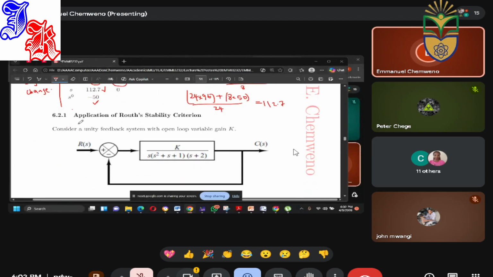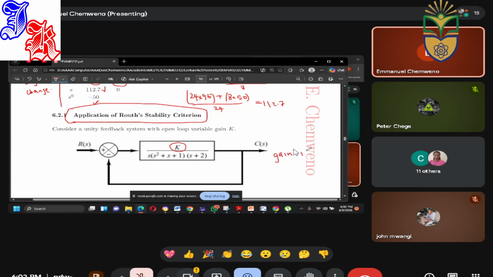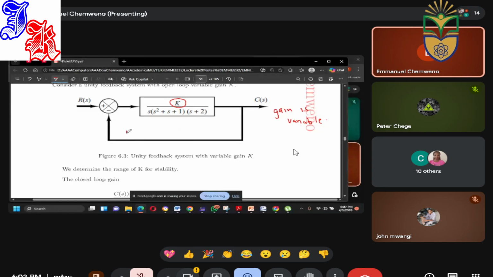Now let's look at the application of root locus. Supposing you have a feedback system in which the gain is variable. The question is, can we increase the gain indefinitely?